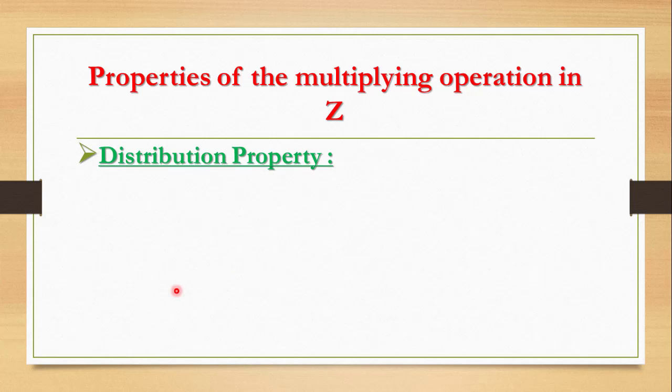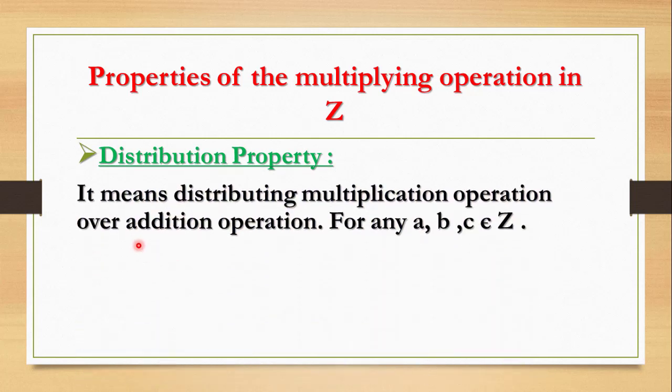Also, we have the distribution property. What do I mean by distribution property? It means distributing the multiplication operation over the addition operation, for any a, b, c belonging to Z. If we have a times (b plus c), it will be the same as a times b plus a times c.